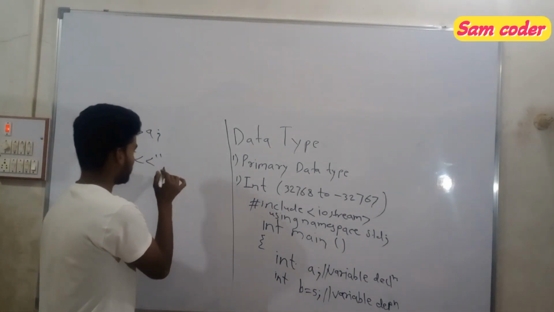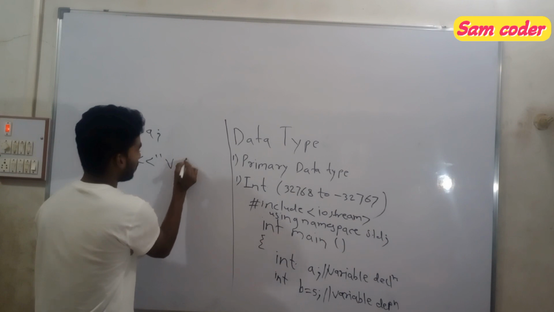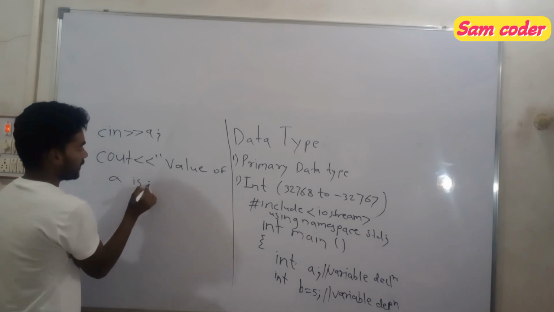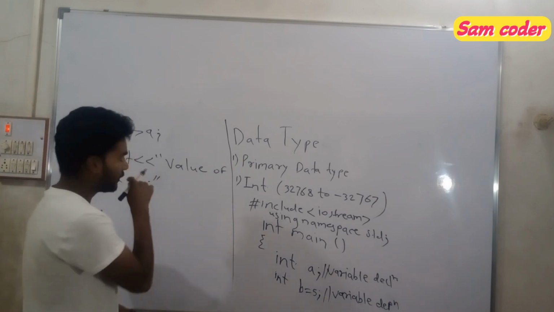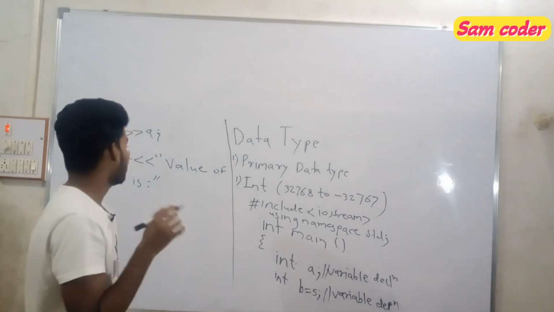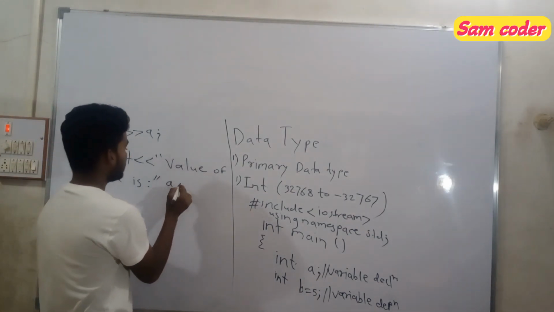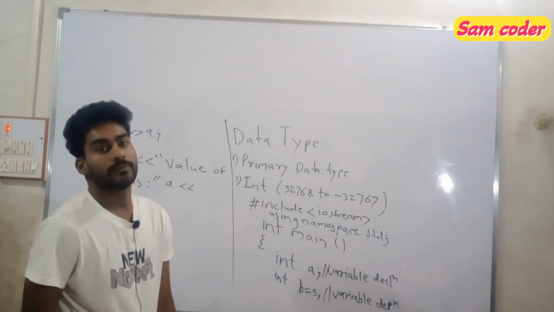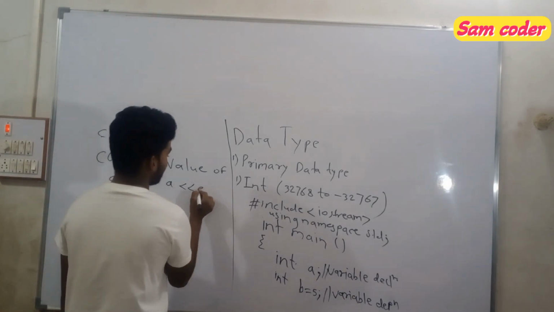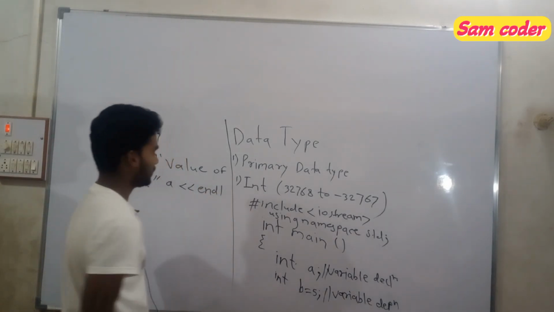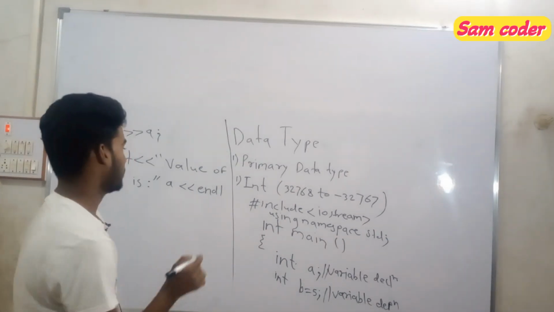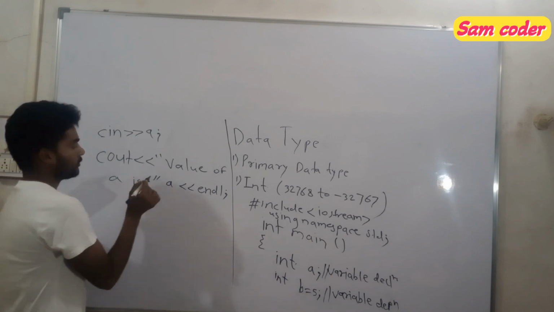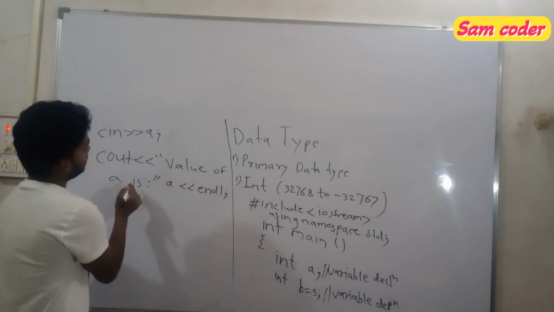In cout we give "value of a is", with a colon, and then you pass the variable a, and it will show the value given by the end user. After that you can use endl, which is for the end of line, and then the semicolon. After execution of this program, the value of a will be the output.